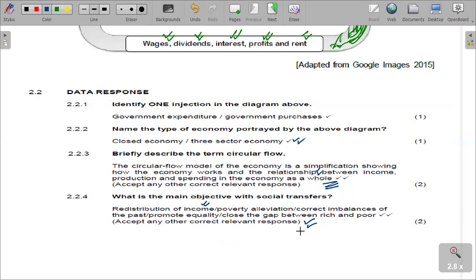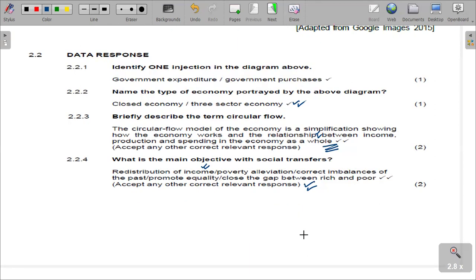So basically, social grants or social transfers are there to alleviate poverty, close the gap between the rich and the poor, and redistribute income and wealth from the haves to the have-nots. So basically that is what happens there.